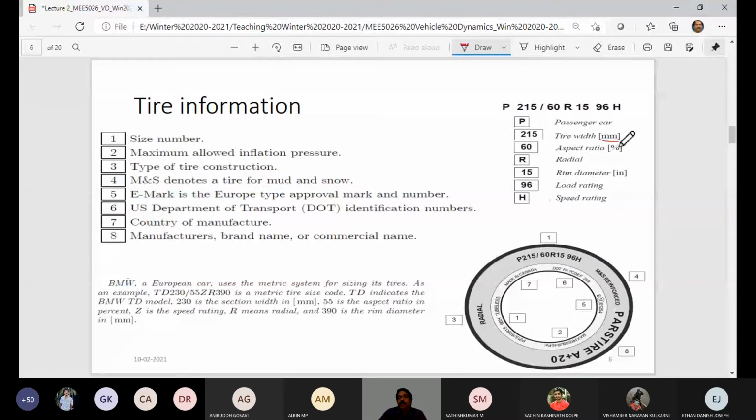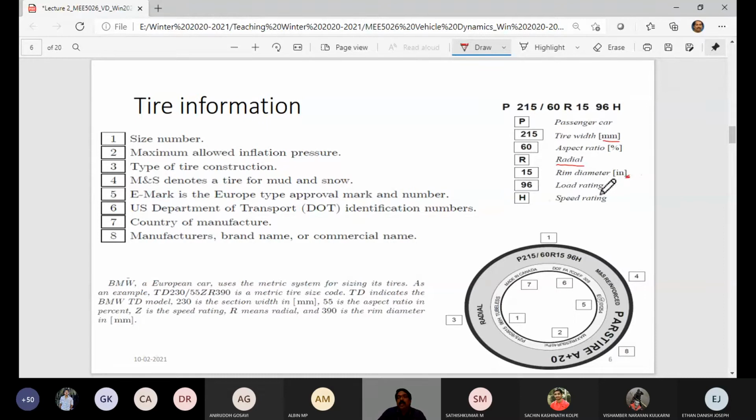These units are important, because given this data you should be able to calculate the radius of the tire. 60 is called the aspect ratio, the ratio of the height of the tire to the width of the tire. R stands for radial tire, which we have just seen, and 15 is the rim diameter in inches.